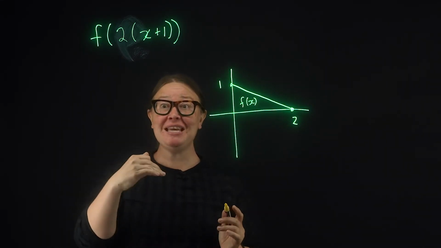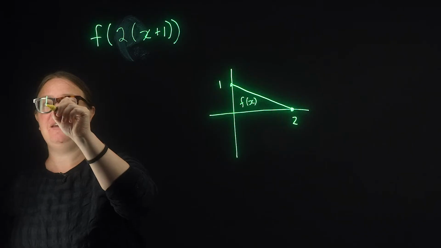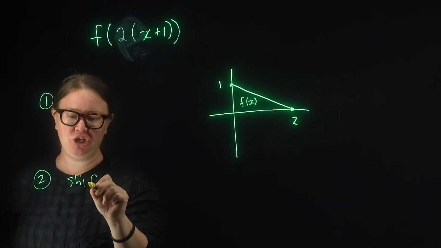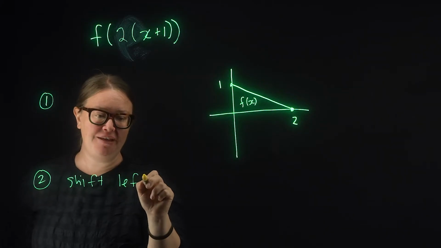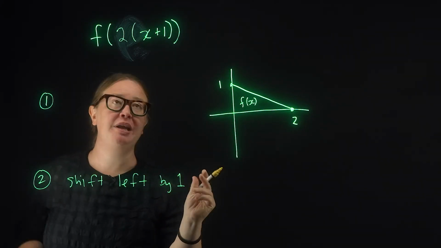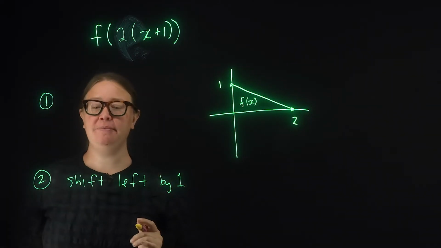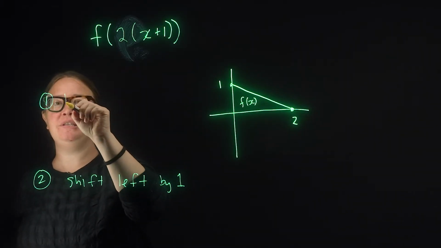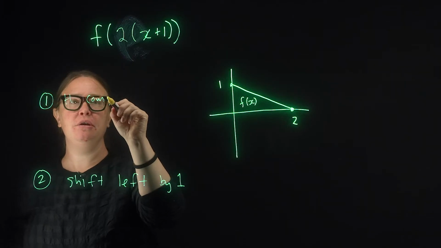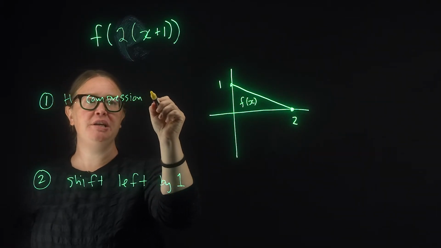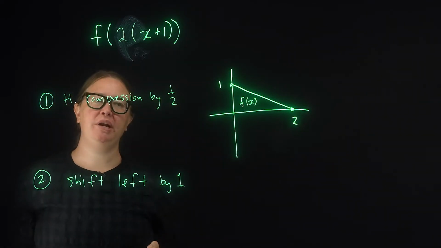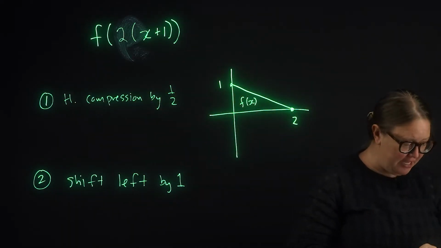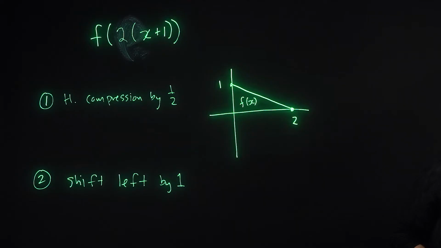So what I think has happened here is I think the last thing to happen was a shift left by 1 because that's the most inner thing. And then I think what happened first was a horizontal compression by 1/2. Okay, so that's what I think. Let's do these things graphically and then use some points to check our work.